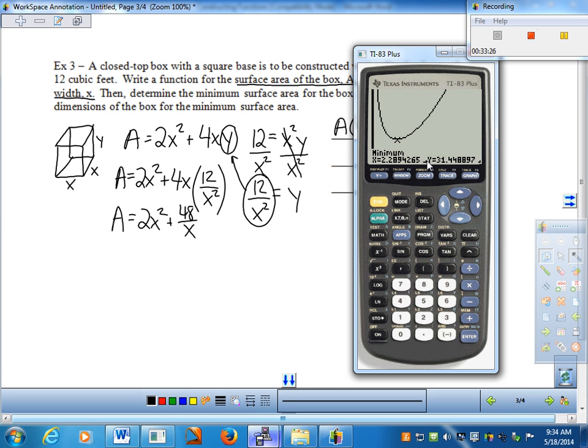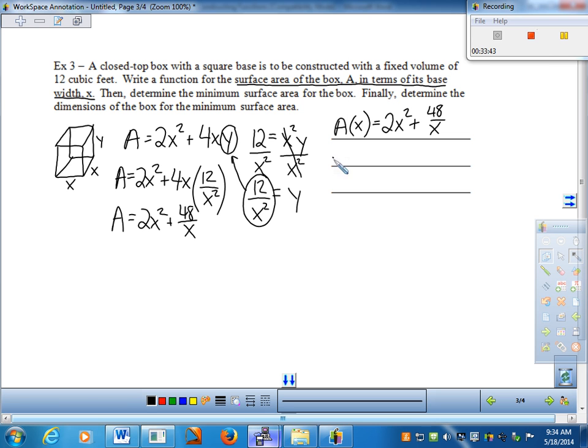Let's go ahead and write that in. Okay, so minimum surface area is, and what did I see there, about 31.45. And I think we are in feet in this case, so let's go square feet on that. That looks good. Perfect. And the x value that produced it was, I think I saw it as about 2.29.